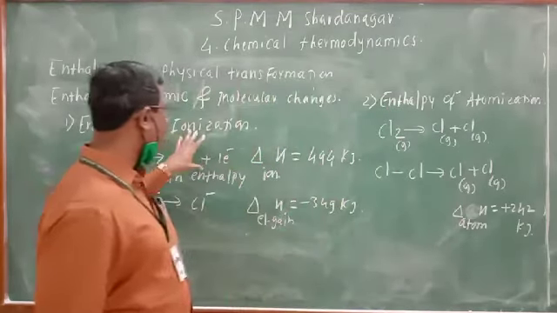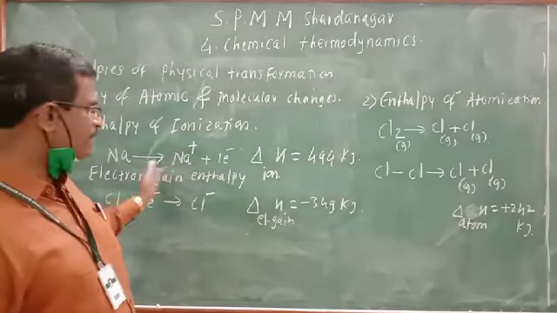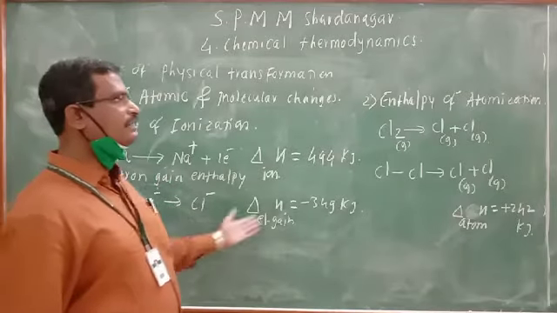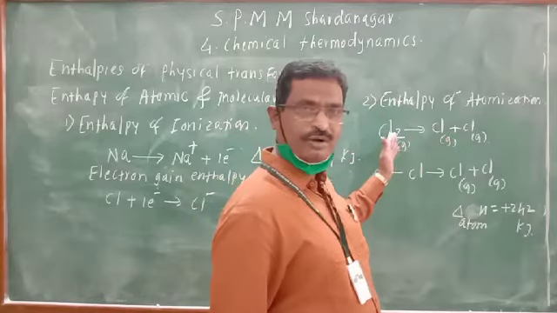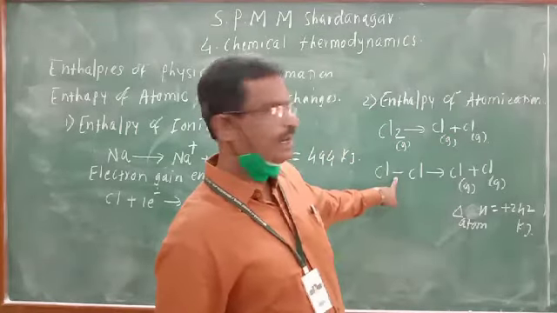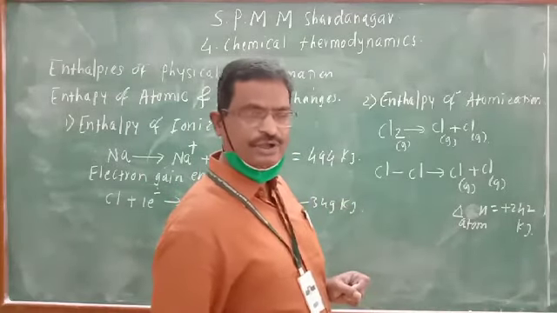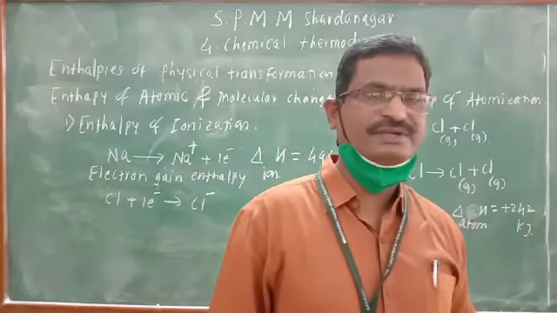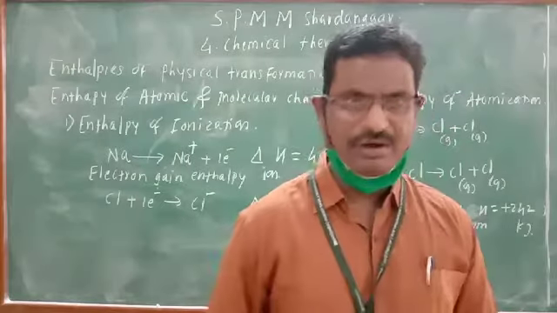In enthalpy of ionization, ions are obtained, either positive ion, or here due to electron gain enthalpy negative ion. And in the enthalpy of atomization, atoms are obtained from the molecules by breaking of this bond, and that is known as enthalpy of atomization. That is the enthalpy change whenever all molecules present in one mole of gaseous substance are converted to their atoms by absorption of energy.